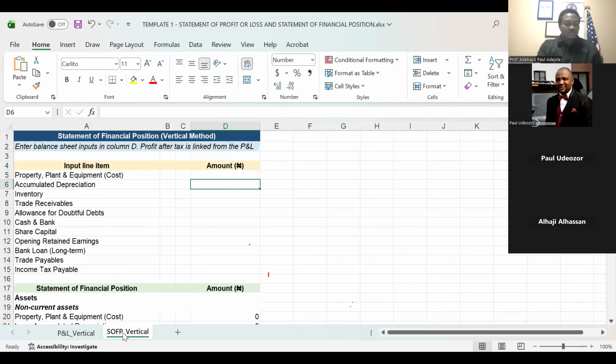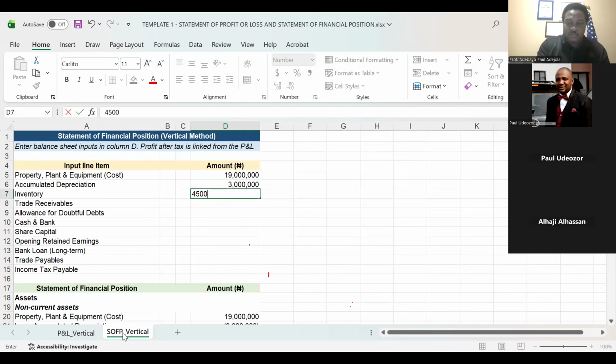Now let's see, what do we have as our property, plant, and equipment? From the question, we have 19 million. You type 19 million, enter. Accumulated depreciation, check your question, is 3 million. Inventory, 4,500,000.